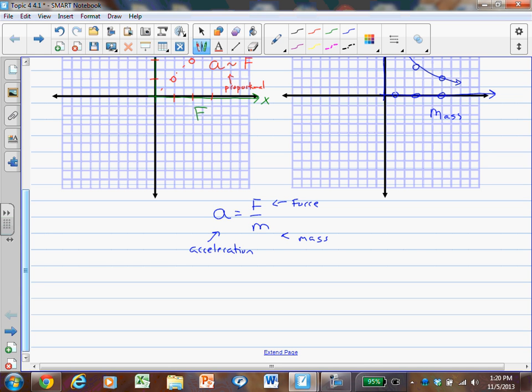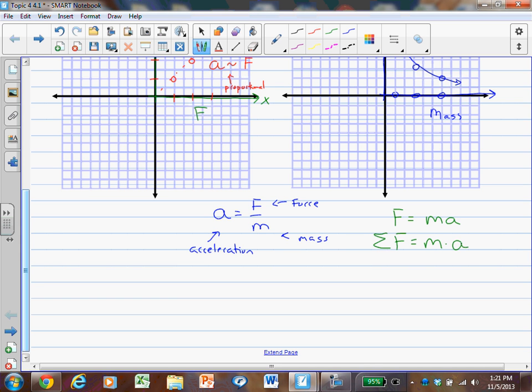And the acceleration is directly proportional to the force applied to an object and inversely proportional to its mass. Now, we usually can rearrange this to F equals ma, just bringing the m up, and in fact it's the sum of the forces that equals mass times acceleration.